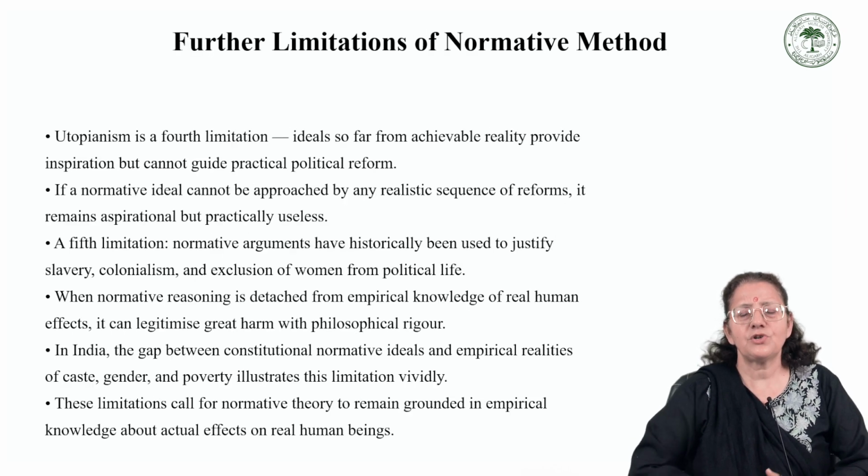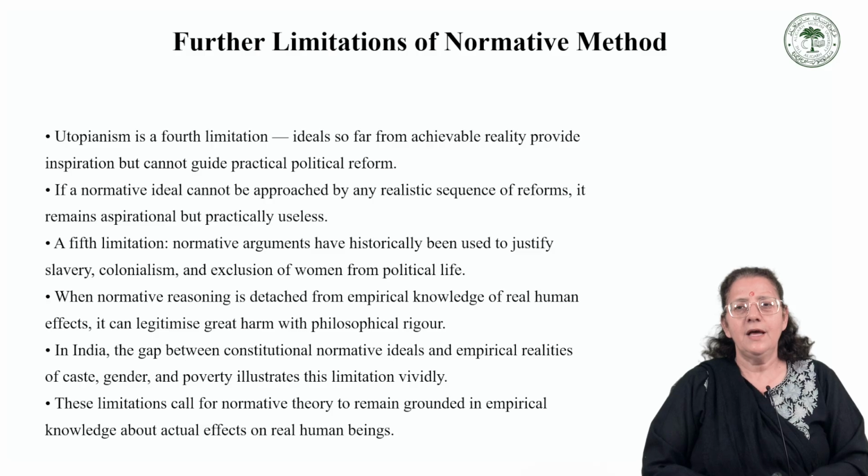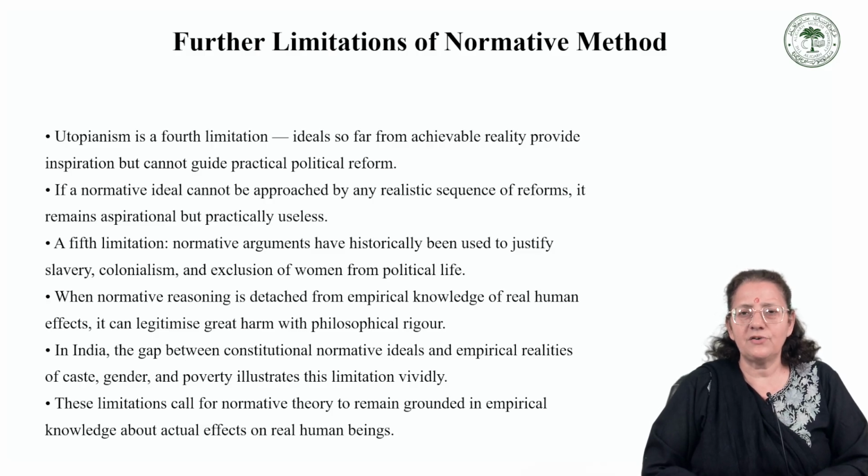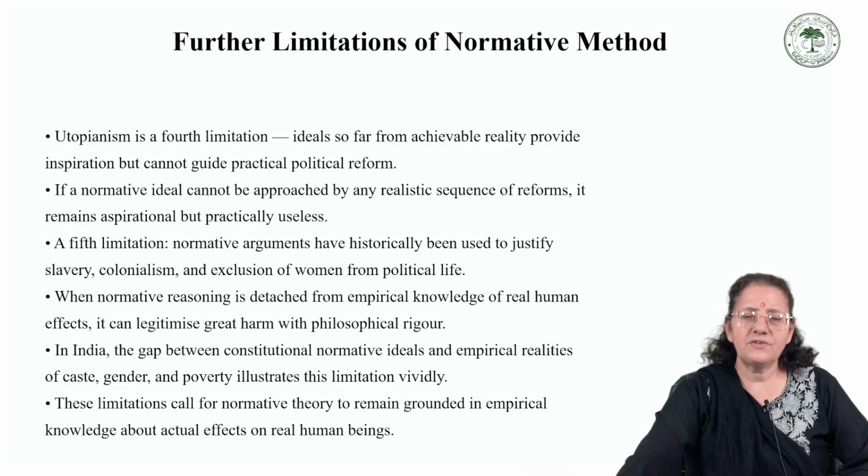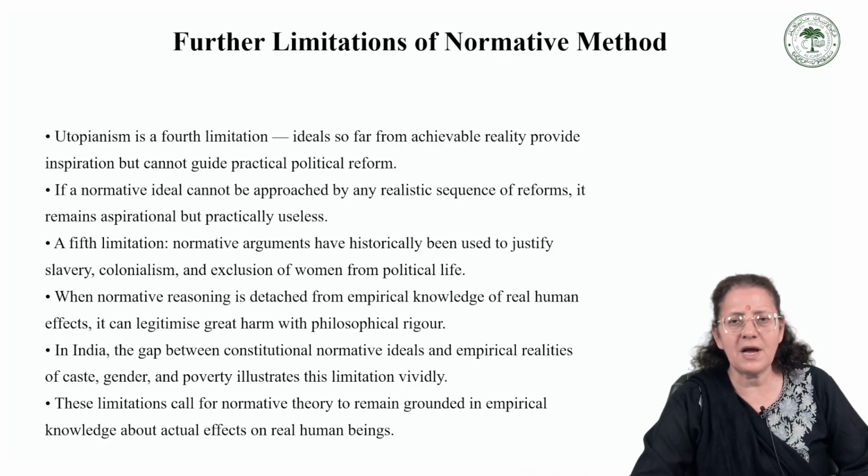The fourth limitation of the normative method is the danger of utopianism, becoming so focused on ideal arrangements that the theory loses touch with political reality and provides no guidance for the reform of actual, imperfect political institutions. That is why Plato's Republic is called a utopia. If the normative ideal is so far removed from what is actually achievable in the given circumstances that it cannot be approached by any realistic sequence of political reforms, the ideal may inspire but cannot guide.